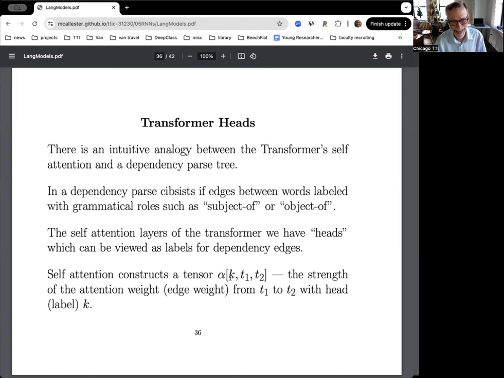So you have a head K, and the heads are just trained. There's no semantics built in. The model just has many heads, and the heads learn to provide information like subject or object through the training. So abstractly, there's just an abstract head.